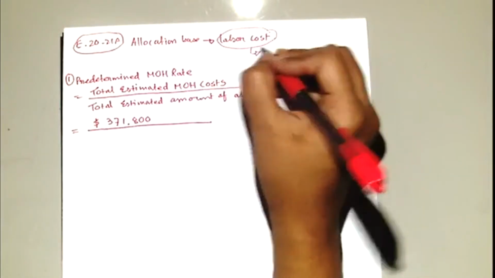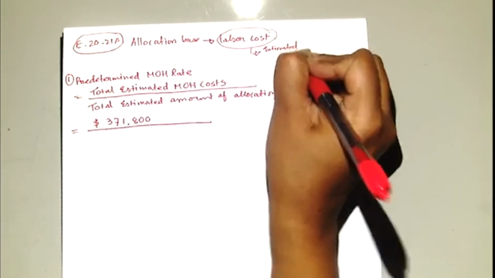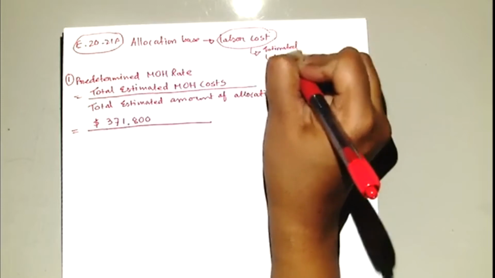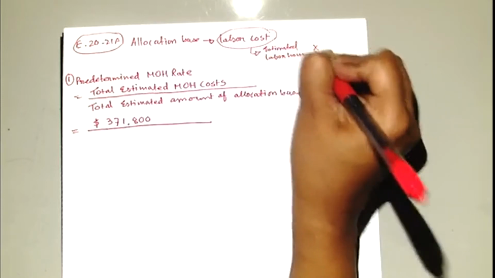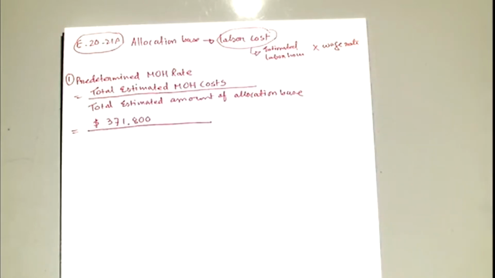Estimated labor cost. So you need to know your estimated labor hour times your wage rate, right? How can you know your labor cost? If you have a small shop, a mom and pop convenience store, and you hire 2 people to run the shop, you need to pay your labor cost.